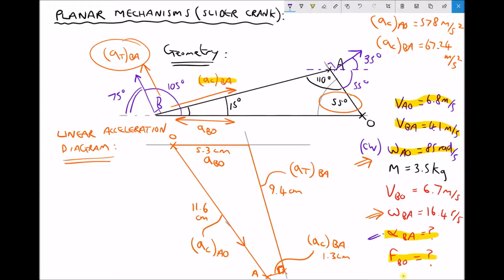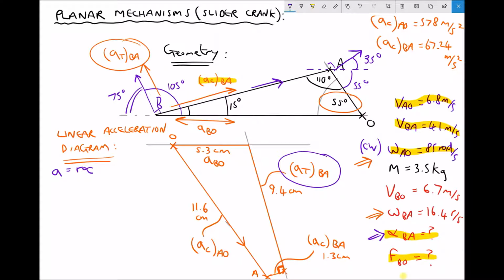We need to calculate the angular acceleration of B relative to A. And the way that we do that is by using the tangential acceleration. The reason it's the tangential acceleration and not the centripetal acceleration is because the centripetal acceleration just acts back towards the origin. So to determine the angular acceleration of B relative to A, we can use the formula a equals r alpha.